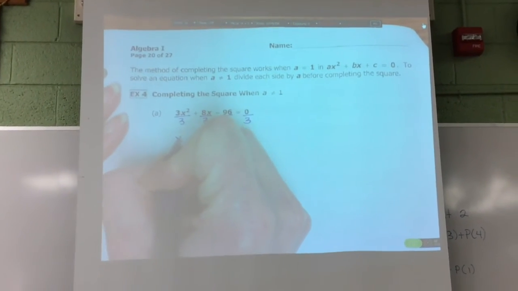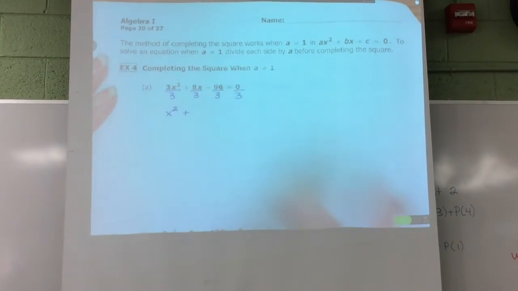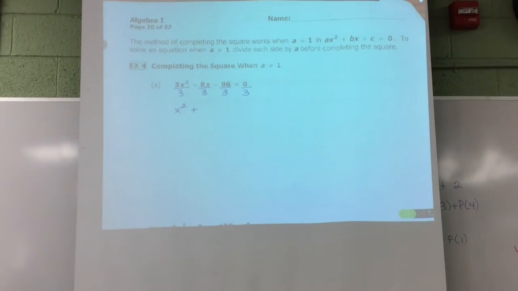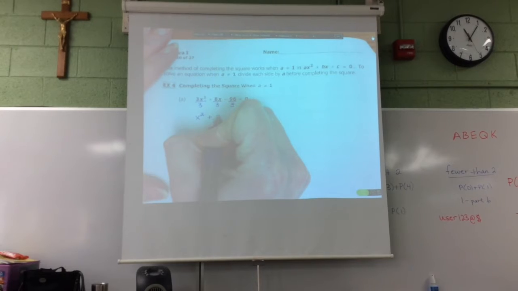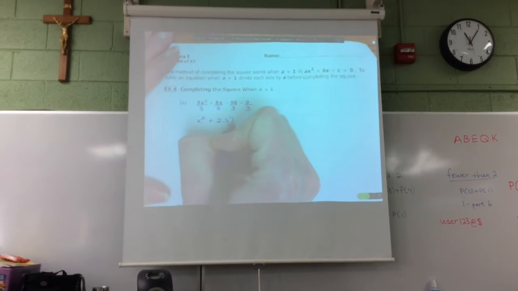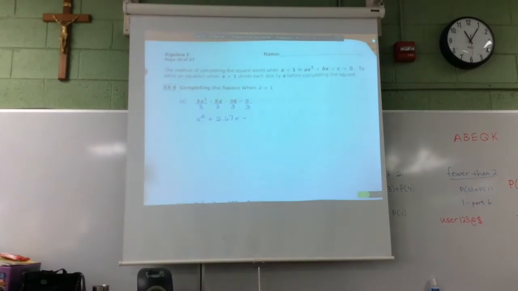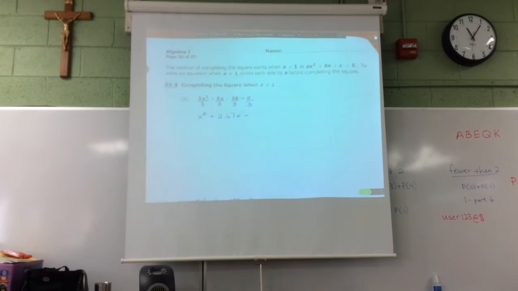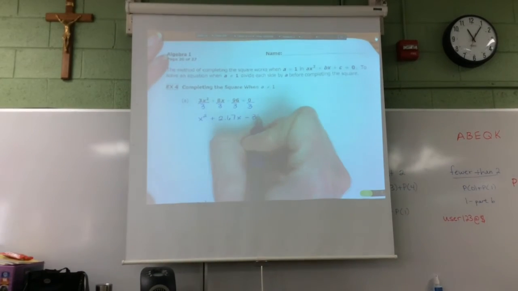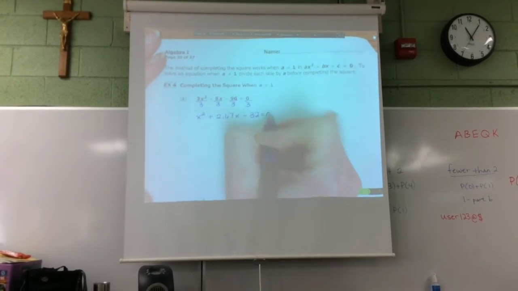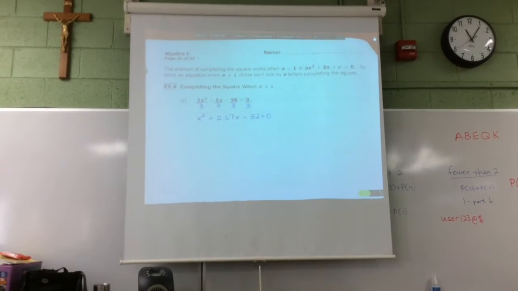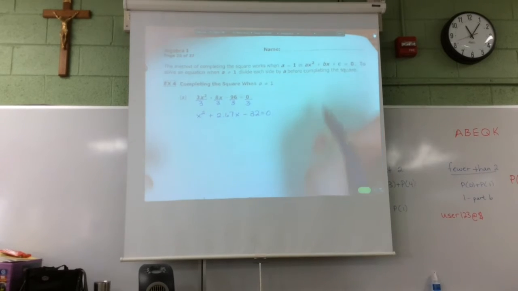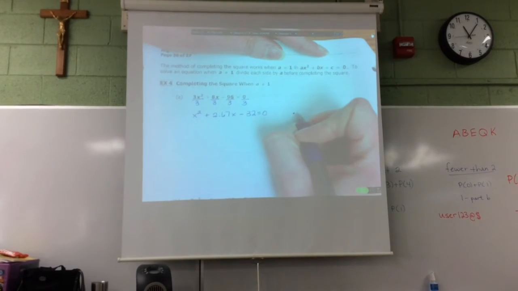We've got x squared. Let's do 8. We'll put it as a decimal. So this is 2.67x minus 96 divided by 3 is 32 equals 0. And the first thing that we need to do, which we already learned in the last example, is we've got to move old c.